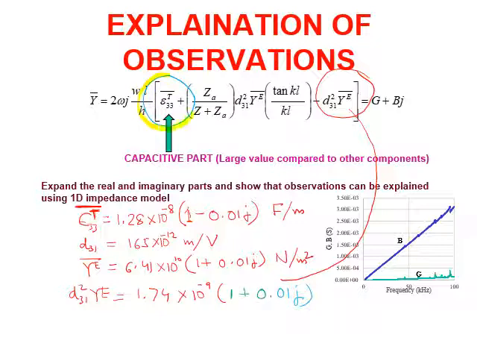We have epsilon 33 on one side, and d31 square Y E on the other side. Comparing the magnitude, epsilon 33 is 1.28 into 10 power minus 8, and on the other hand d31 square Y E is of the power minus 9, one order of magnitude smaller. So we find that epsilon 33 dominates compared to d31 square into Y E.